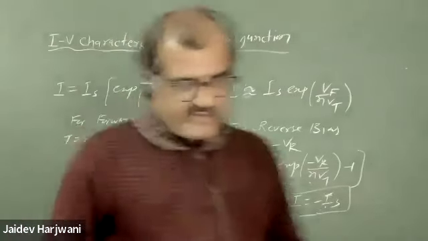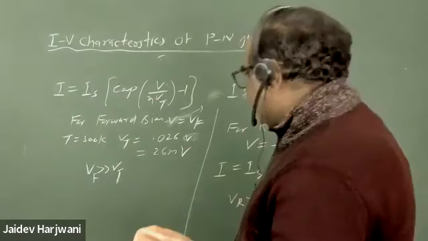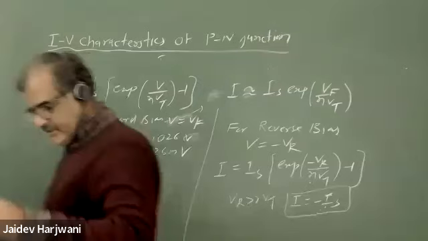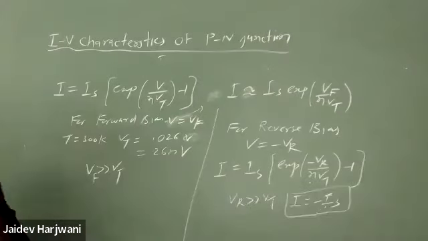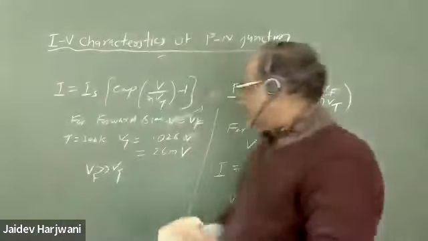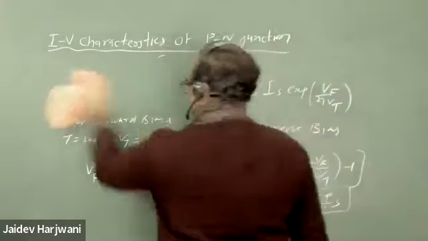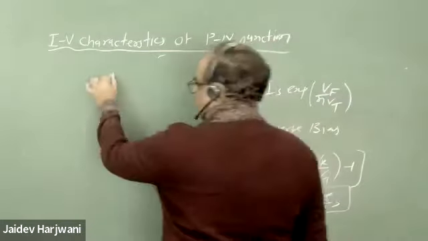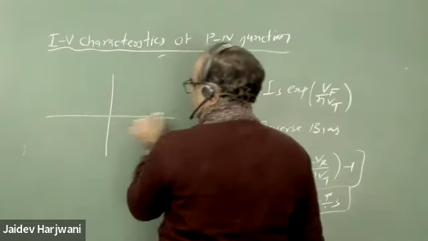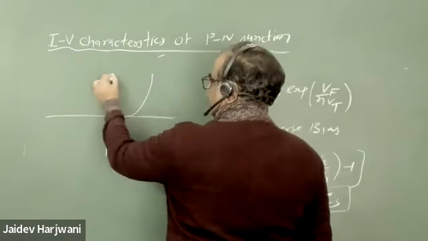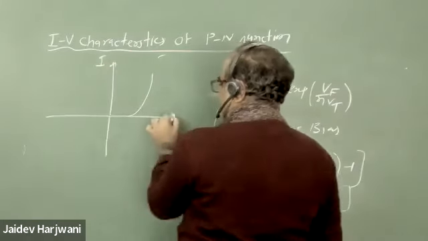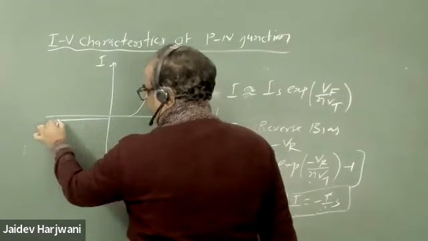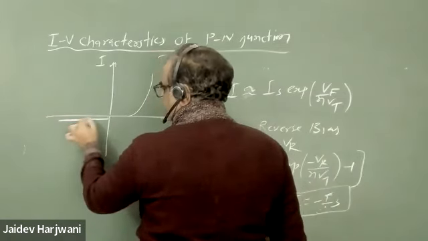That's why I have just drawn the IV characteristics. Let me draw it again. You have I here and voltage here, and in the reverse region you get almost constant current.